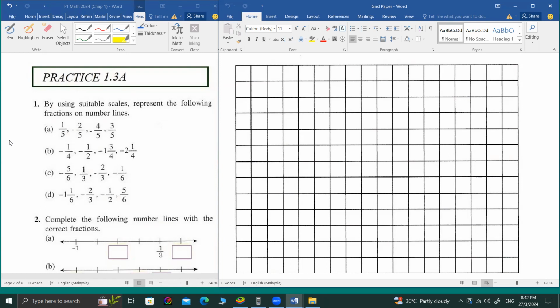Your homework, you can send to me to mark. Okay. Suitable scale. Suitable scale, you see? Can you see the denominator of 5? So you can make it like this. You check and see that I taught you already how.